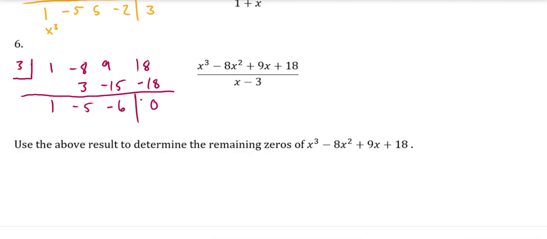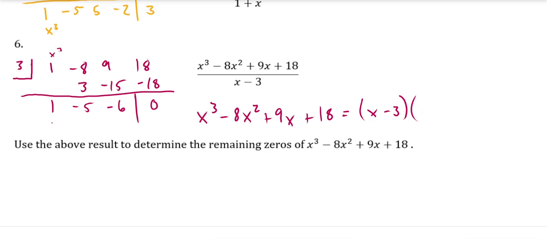That's great. That means that x minus 3 was in fact a root of the above polynomial, which means we can take x to the third minus 8x squared plus 9x plus 18 and rewrite it as x minus 3 times the polynomial that we got as a quotient.